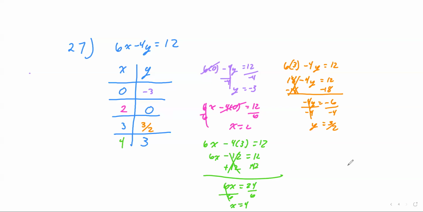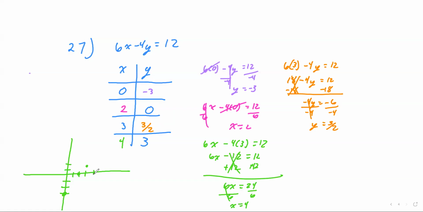So then the next part is they want you to graph it. So we have 0, -3. There's my first point. 2, 0. So again, I go straight back to the origin before I start: 2, and then 0. So here's the next one. Then 3 and 1.5, which would be about right here.